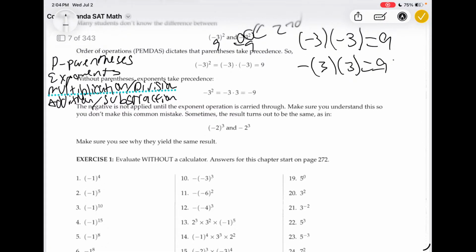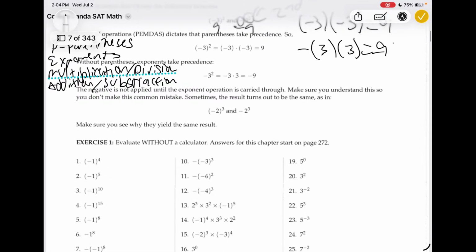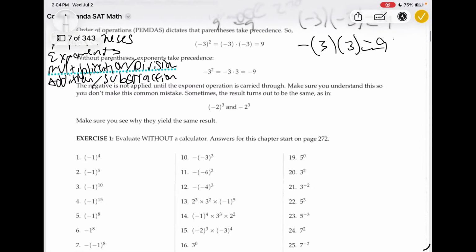So without the parentheses, the exponentiation happens first, and then the negative gets put onto that.